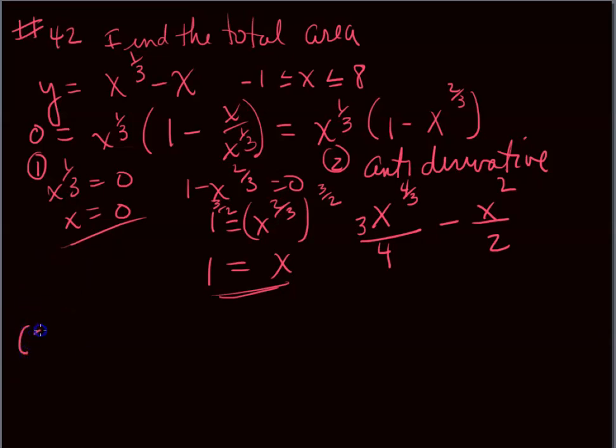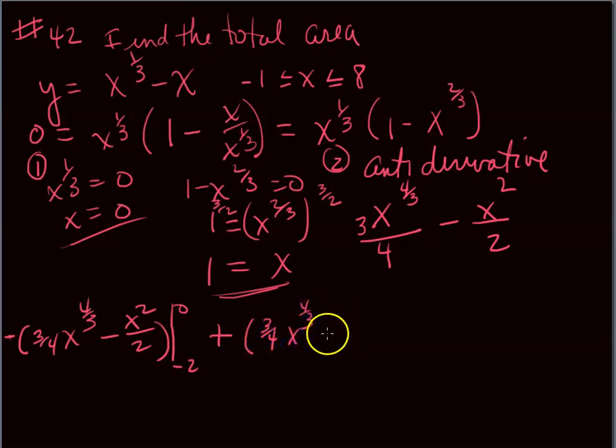This is the 3/4 x to the 4/3 minus x squared over 2 evaluated from -2 to 0. That's a negative area, so we can put negative out front. Then we got positive area, so it's going to be the 3/4 x to the 4/3 minus x squared over 2 evaluated from 0 to 2.